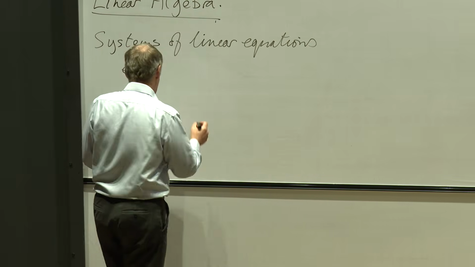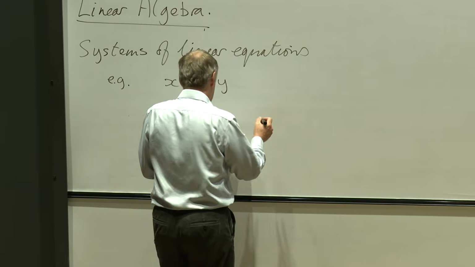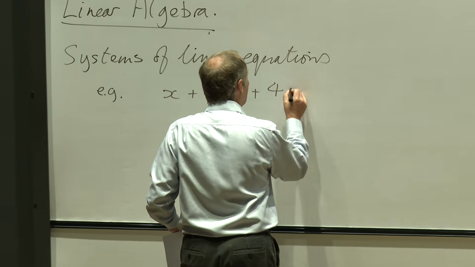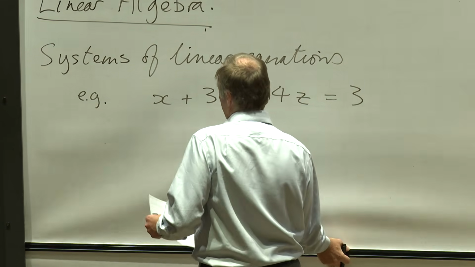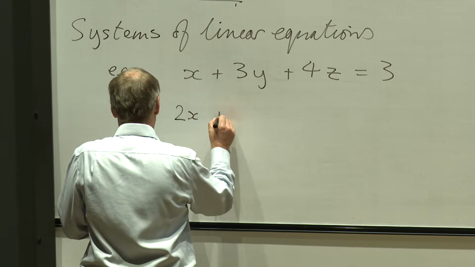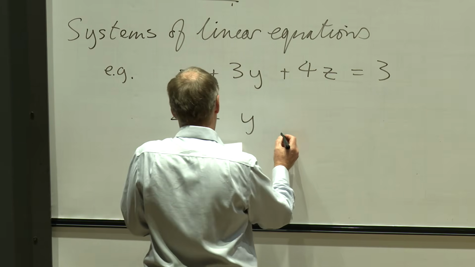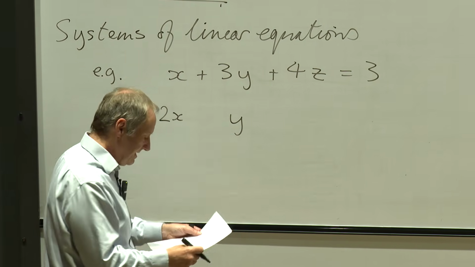So let's suppose we have x plus 3y plus 4z is equal to 3, and 2x plus y, is that plus y? Oh no, so I want to do exactly the same equations I have here.